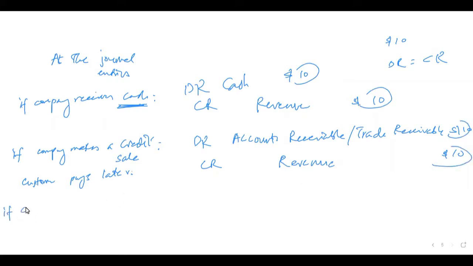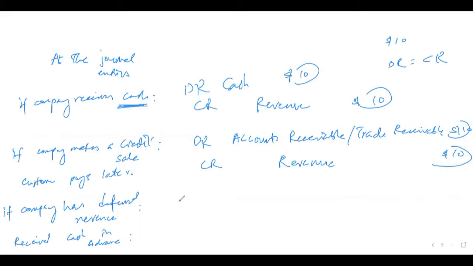If the company has deferred revenue, in other words, received cash in advance, how will the company record this?